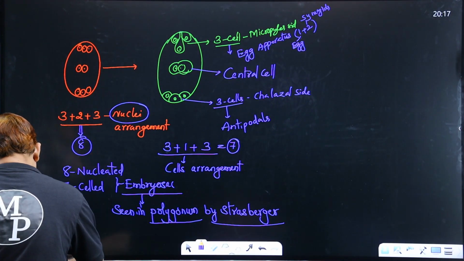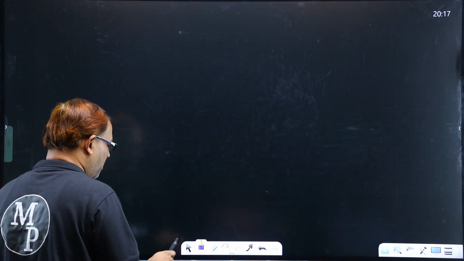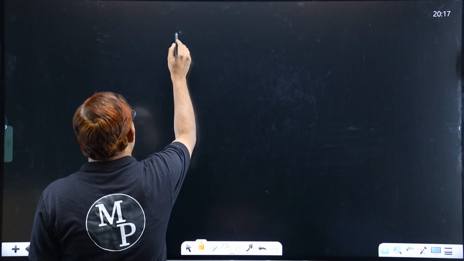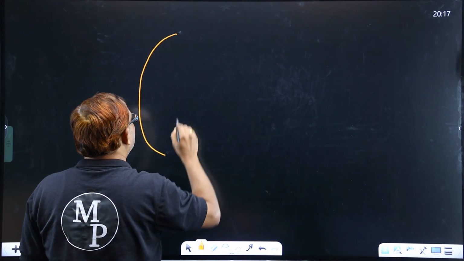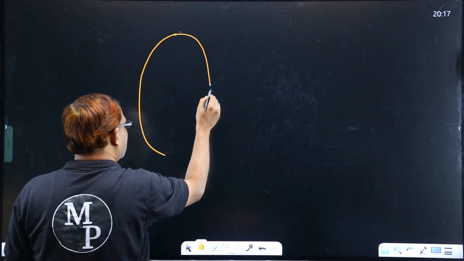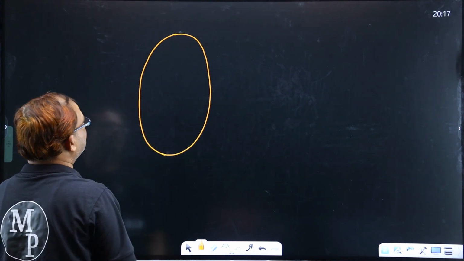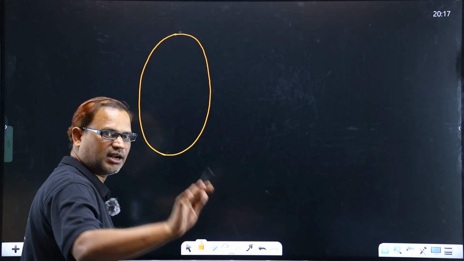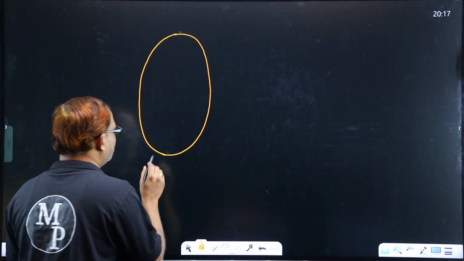Now see the diagram of the complete structure of the female gametophyte or embryo sac. This is the embryo sac. It's very important for the NEET examination, a diagram-based question. Be careful all of you.